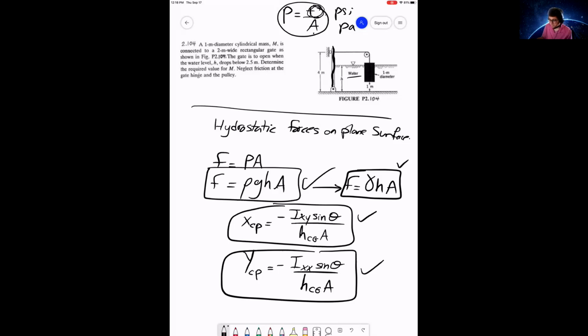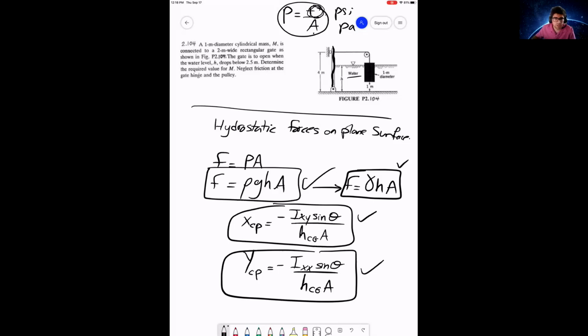Oh, okay, he used pressure at the center of gravity times A on the bottom. But it's the same thing.